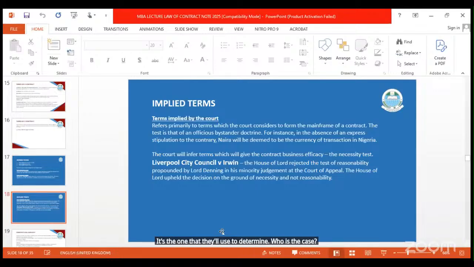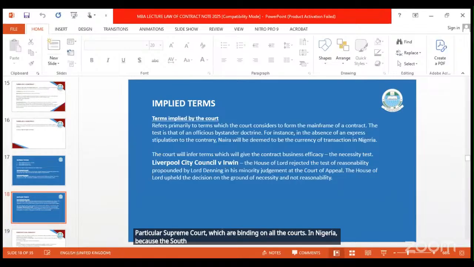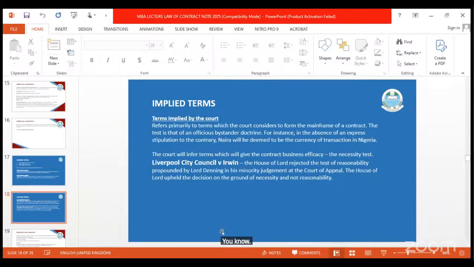So what also means is that all the judgments of the courts are also implied in our contracts to the extent that such judgments are relevant to the subject matter that we are going into. The particular judgments of the Supreme Court are binding on all the courts in Nigeria, because they serve as precedent that subsequent courts will rely on in passing judgment. So if we have a similar matter, they rely on the Supreme Court.